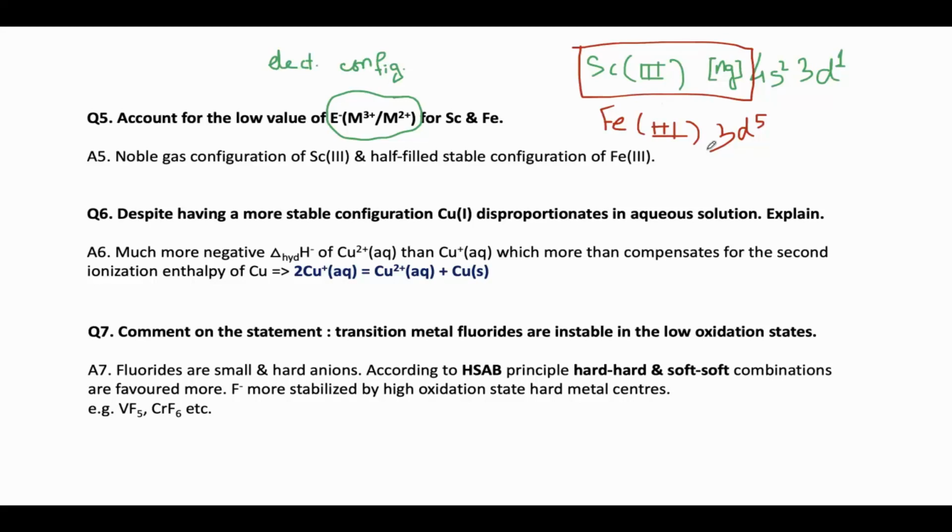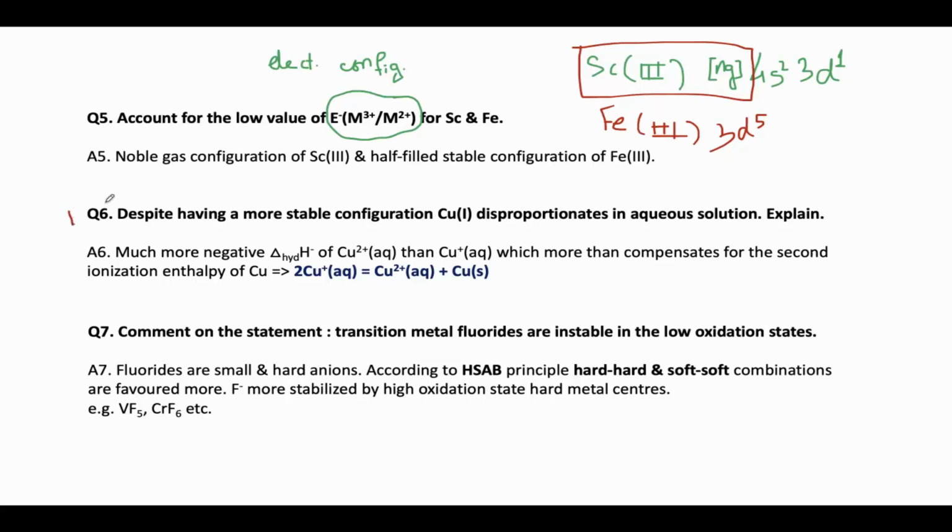That's why both of these cations don't want to come down to their lower oxidation state, Sc2+ and Fe2+, because their electronic configuration stability will be lost. That's why in both cases, scandium and Fe, there is a very low M3+/M2+ reduction potential value.